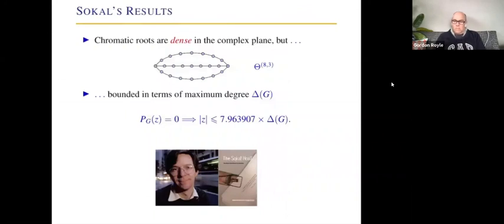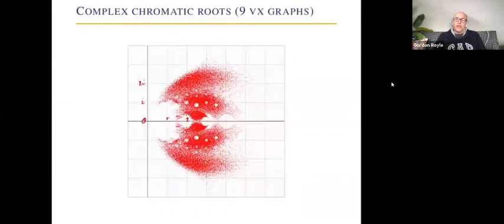Okay, two major long-standing open problems in the theory of chromatic roots were solved by Alan Sokal, and he showed two things. First of all, he showed that chromatic roots are dense in the complex plane. So the picture suggests that there are holes somewhere, and there might be regions where the chromatic roots don't go.